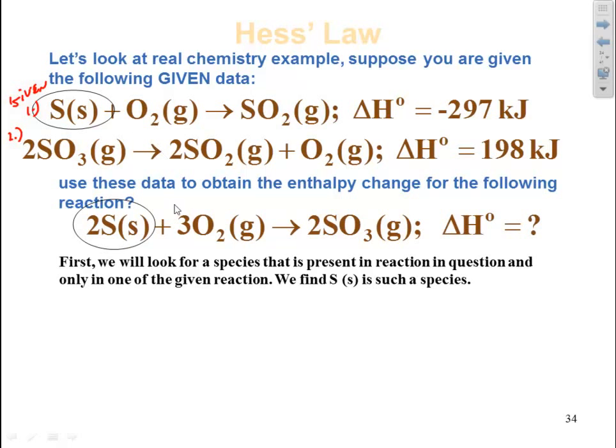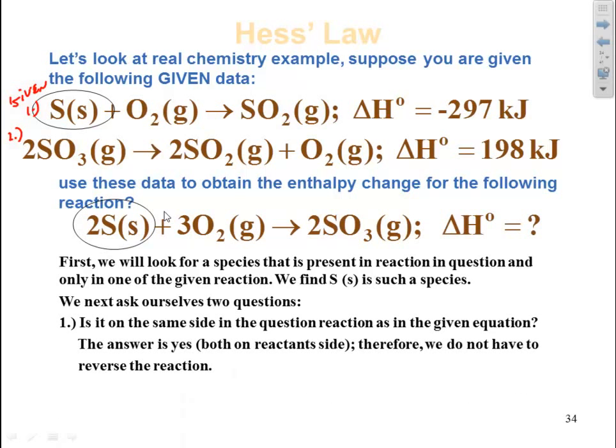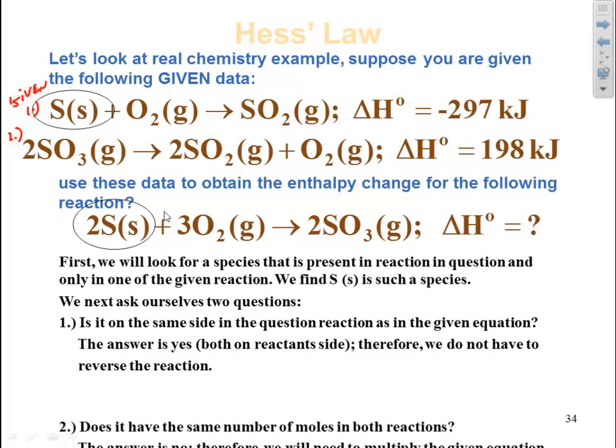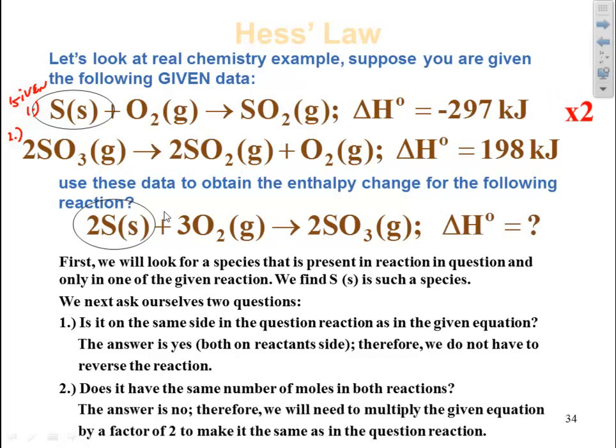I'll use the equation just like it is. Second one, do we have the correct number of moles? The answer is no. I have 1 mole of sulfur solid, and I need 2 moles. I need 2 moles in my final equation. So I'm going to end up multiplying everything by 2.